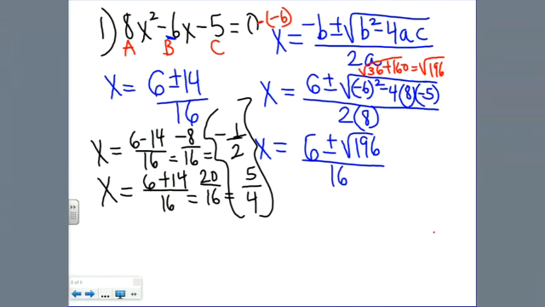Any questions before we look at another quadratic equation? Our discriminant didn't lie to us. It said we would get two real answers, and the answers did not contain radicals. So all of that became true.